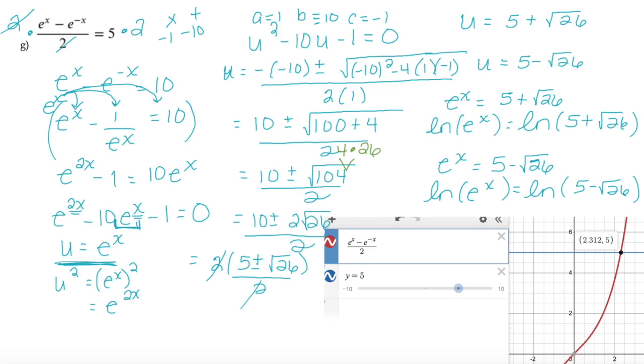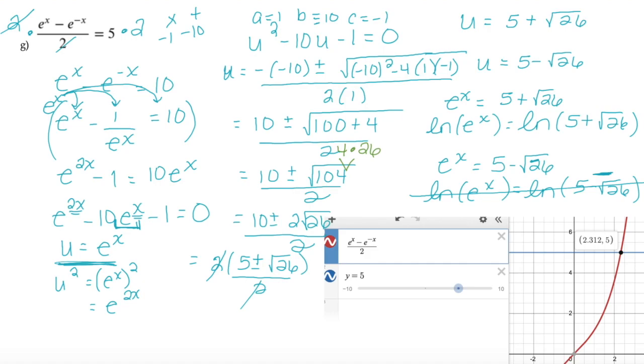So if I take the square root of 26, that's going to be just slightly more than 5. So if I take 5 minus 5 and a little bit more, this is going to be a negative under here. And you can certainly use your calculator to verify that inside is going to be a negative decimal of some kind. Again, a negative value is not in the domain of the natural log, and therefore we can't find it. It will be undefined, so we don't even need to include this one.